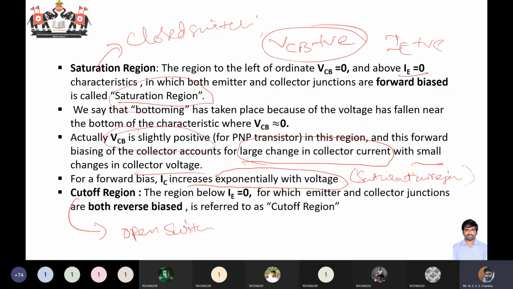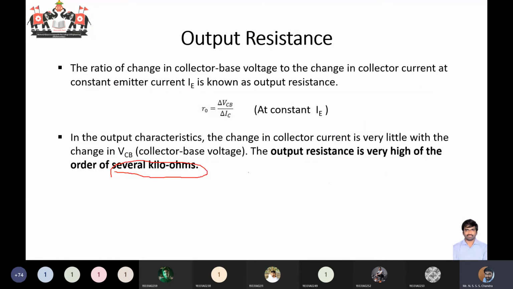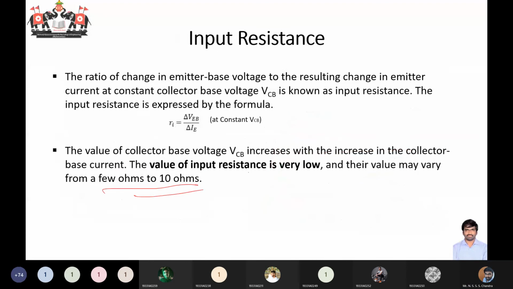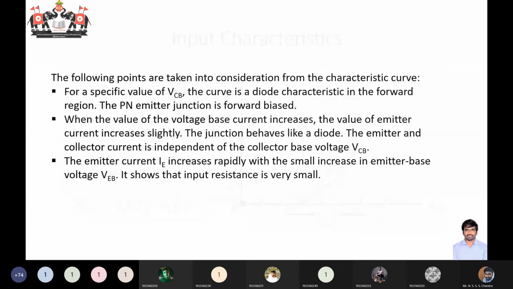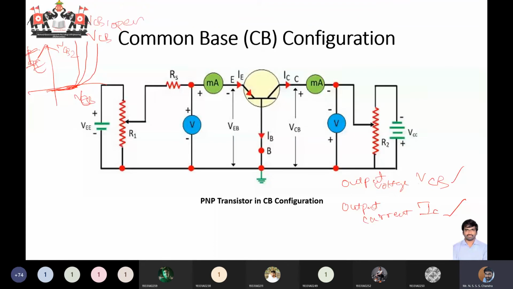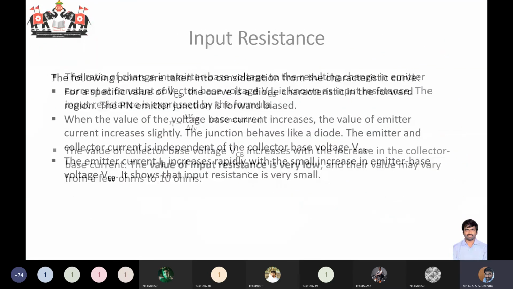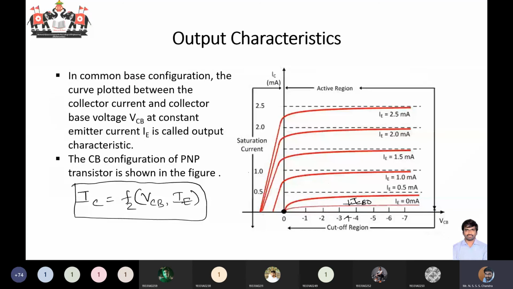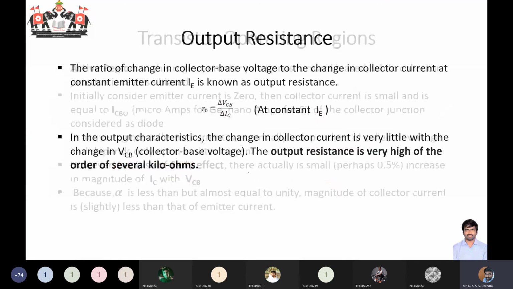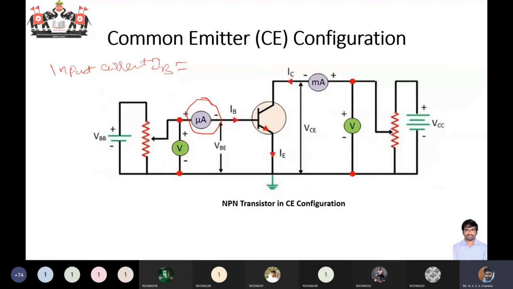In the earlier case I used the milliamperes range ammeter because we were measuring IE. IE will be in milliamperes, whereas IB will be in the microamperes range only. That's why in the common emitter configuration, I'm going for a microamperes range ammeter.